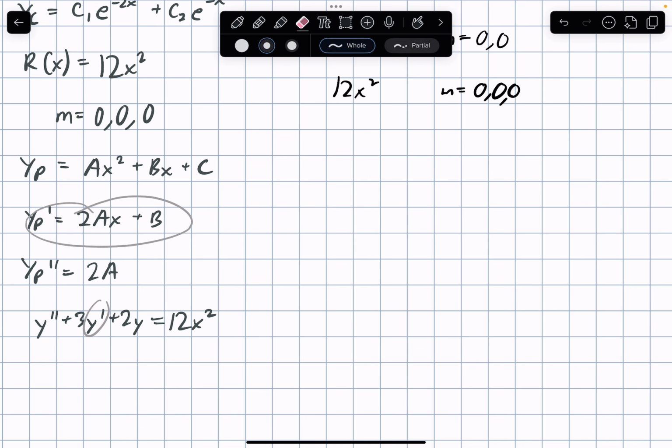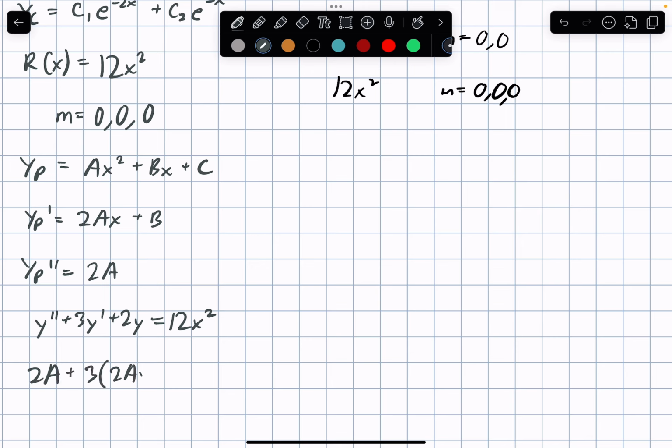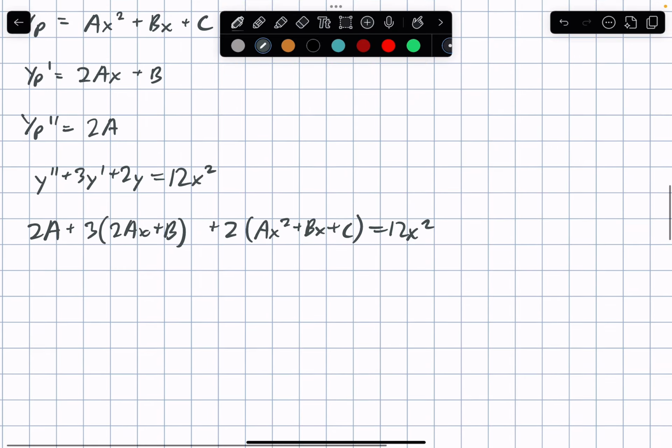The only difference is the sub p, but it's essentially the same as this. So don't get it confused. So 2a plus 3 times 2ax plus b. We're gonna distribute later. Plus 2 and then y. Y is ax squared plus bx plus c equal to 12x.